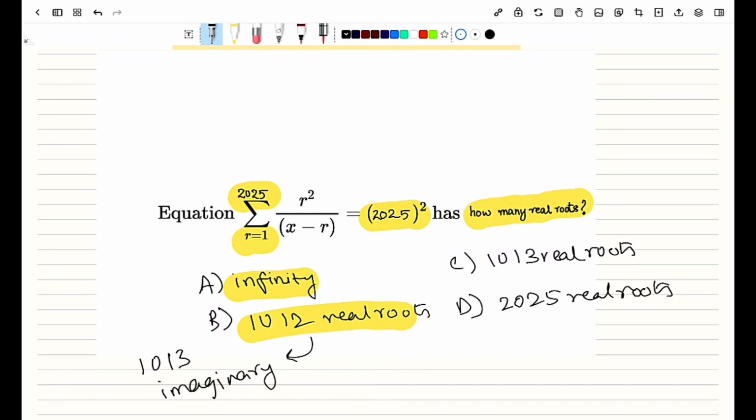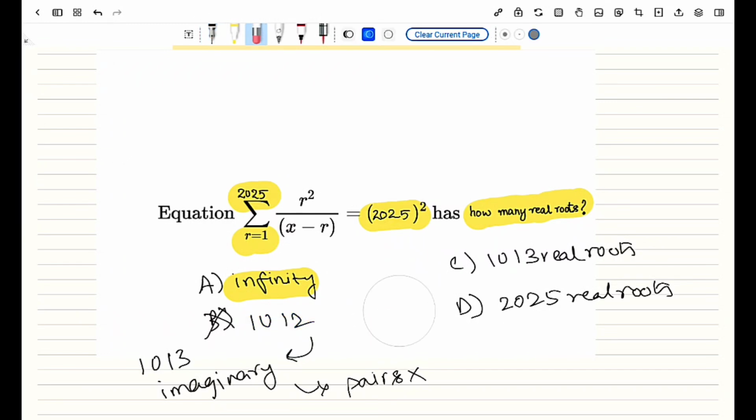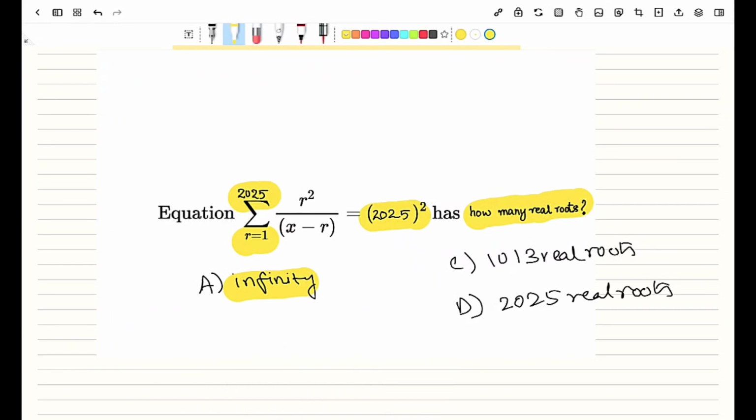That is not possible, because imaginary roots always exist in pairs, and the pairs rule is not being followed. So option B is cancelled out. Our main targets are options A, C and D. Let's move on to the solution part of the video.